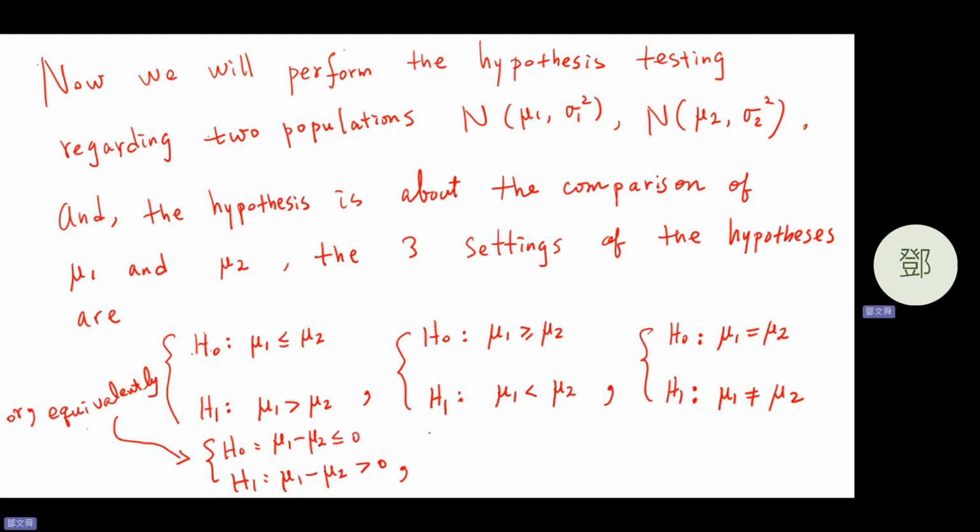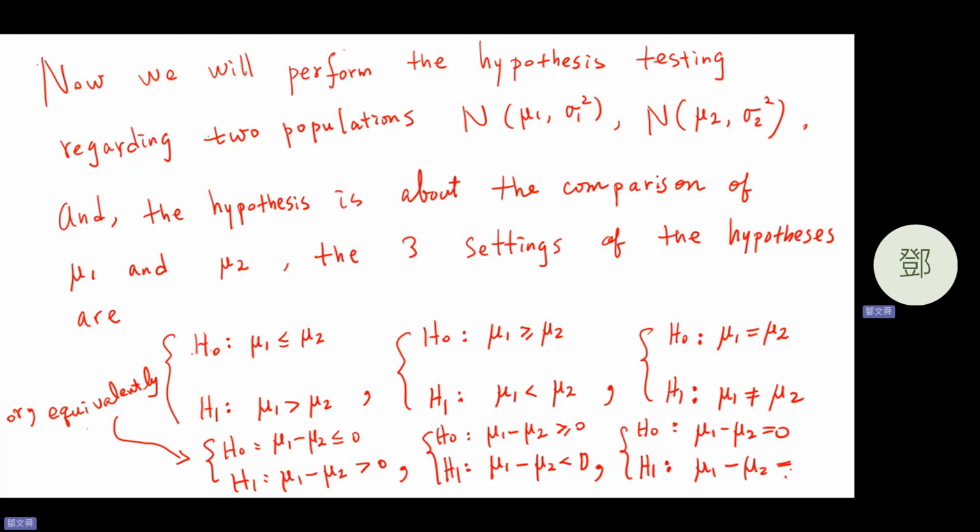And the second one is equivalent to this one. Mu1 minus mu2 bigger than 0. Mu1 minus mu2 smaller than 0. And lastly, mu1 minus mu2 equals 0. Mu1 minus mu2 not equal to 0.